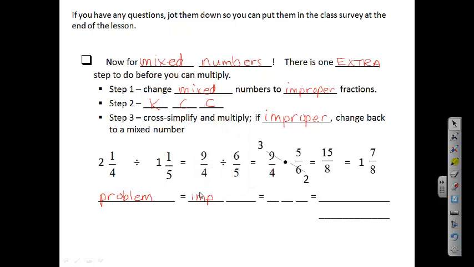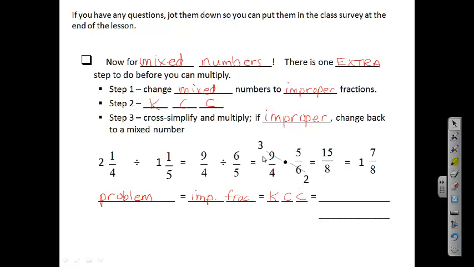And I don't have room to write the whole thing, so I'm going to put improper fractions. The next step after we've done that is keep the first fraction, change division to times, and change the second fraction to its reciprocal.